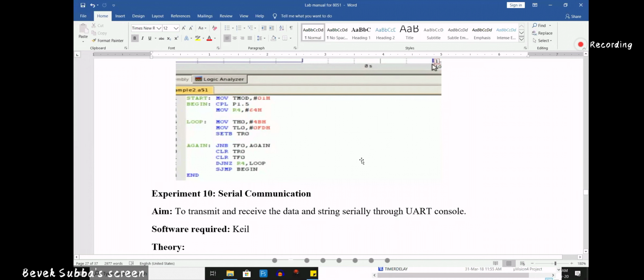Today's topic is a little harder than yesterday's, no? Sir, why R4, sir, and why not other registers? Any register you can choose. I have chosen R4. This is random. Any register you can use.